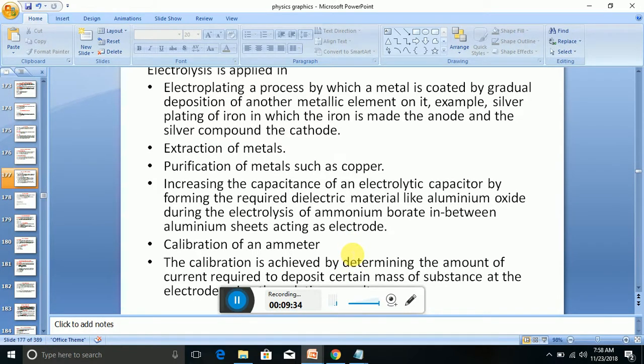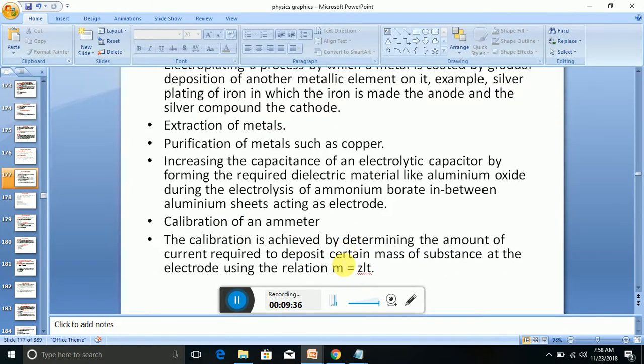Now, calibration of an ammeter. You can actually use electrolysis in the calibration of an ammeter. The calibration is achieved by determining the amount of electricity required to deposit a certain mass of substance at the electrode, using the relation M = Z I T. You see, mass is directly proportional to the quantity of electricity, so you can break it down into current and time.